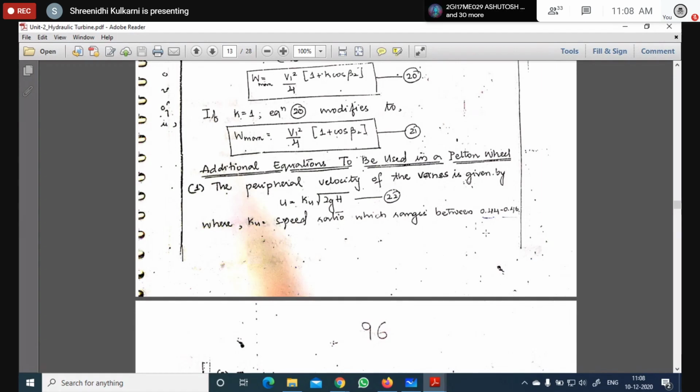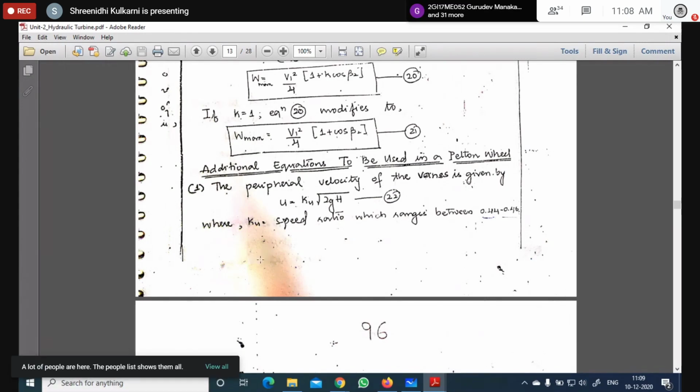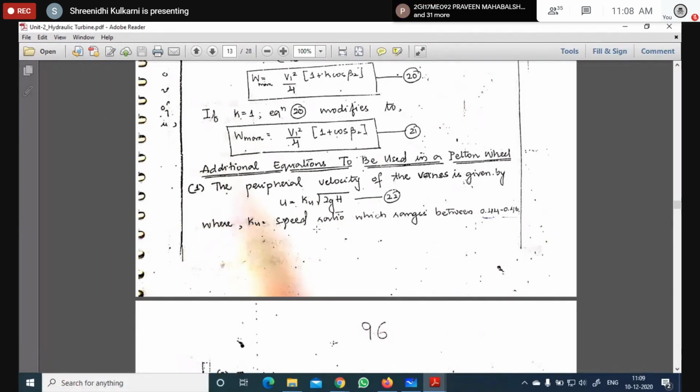This is very important because if they ask to design a Pelton wheel, at that time you have to remember all these values. So U is equal to phi into root of 2gH, where phi is the blade speed ratio, varying between 0.44 to 0.46.